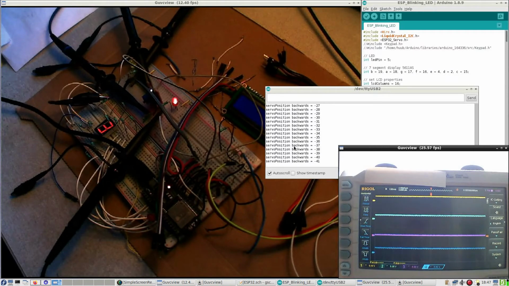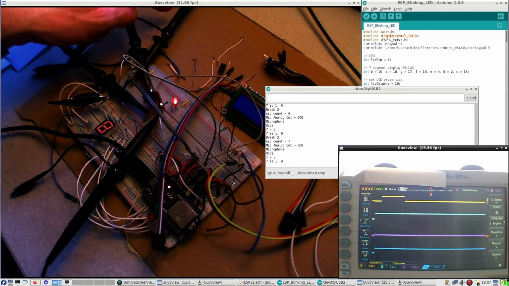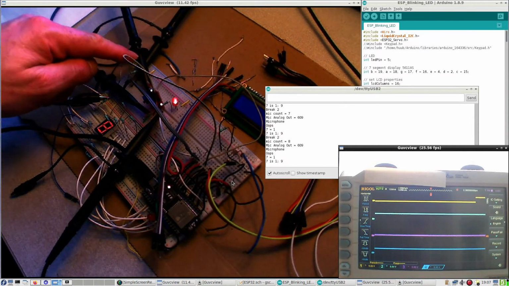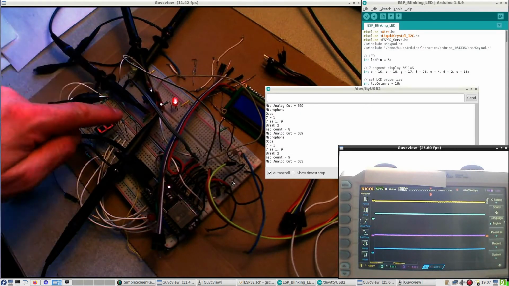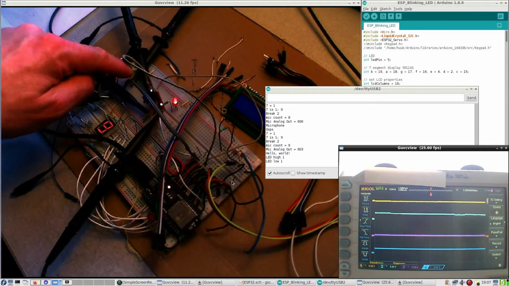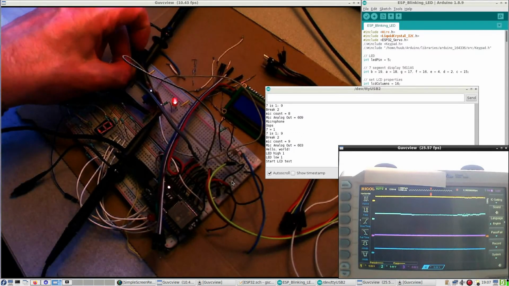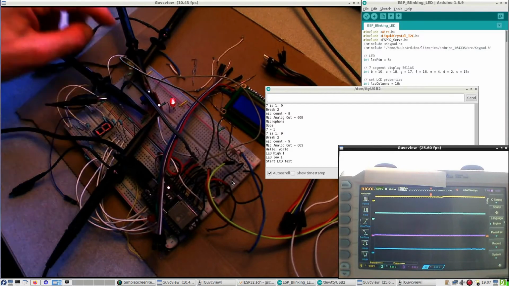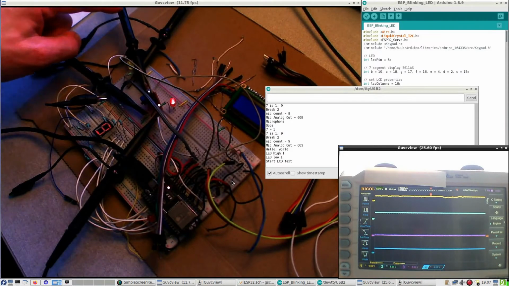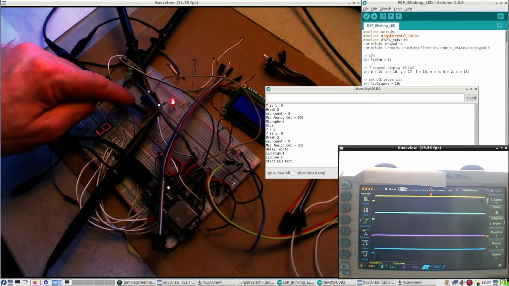I'm not even looking at the motors anymore. It's not the focus for now. But I am looking for the signals, like the yellow one. The yellow probe is connected to the yellow LED, which is for the analog output, and then the purple probe is for the analog output itself.